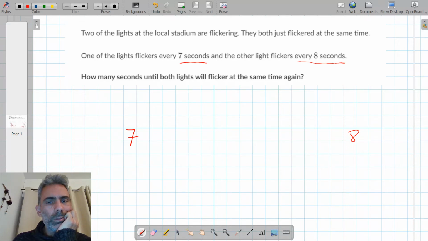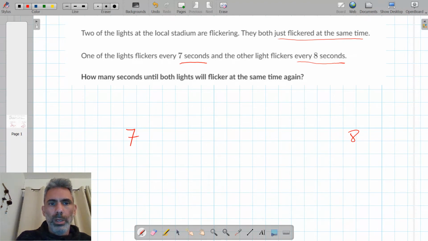Okay. So we need to find the least common multiple of these two numbers to know how many seconds until both lights will flicker at the same time again, because they just flickered at the same time.